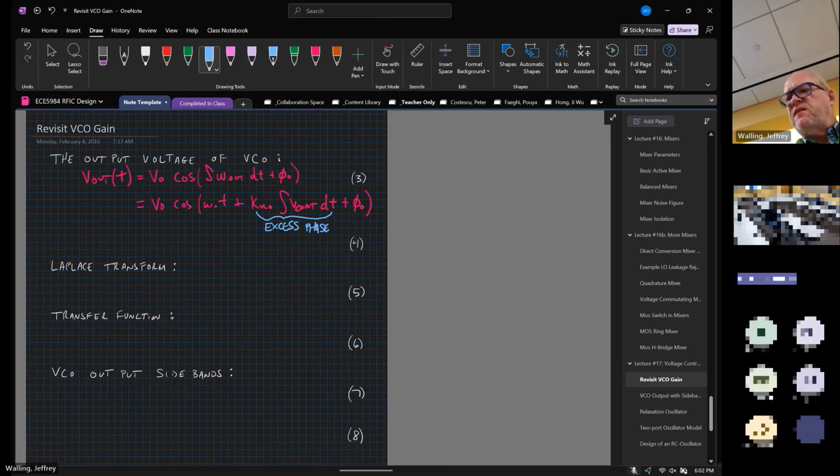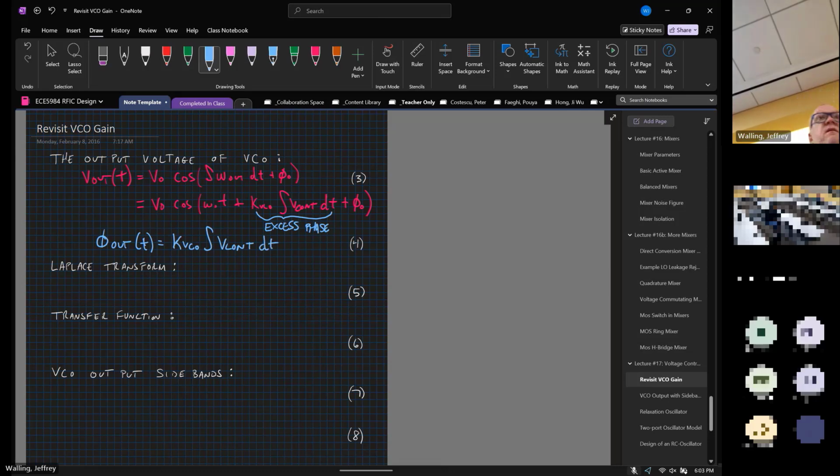So we can say that the output phase of the VCO with respect to time is equal to k VCO times the integral of the control voltage dt. All right, now we do a Laplace transform on this.